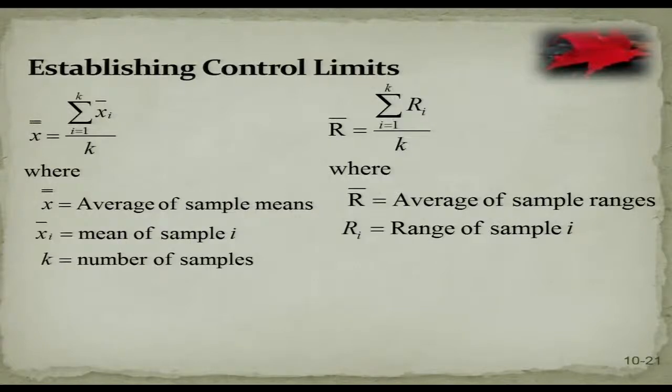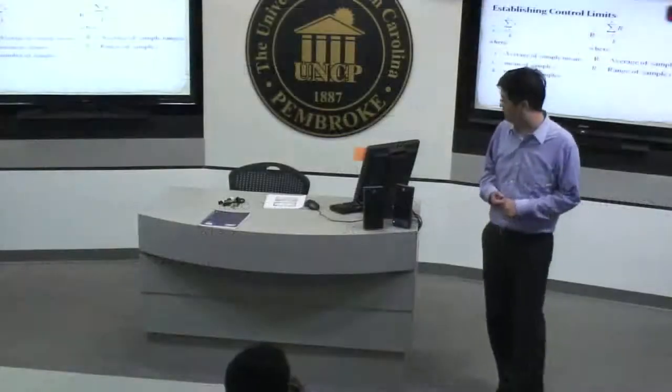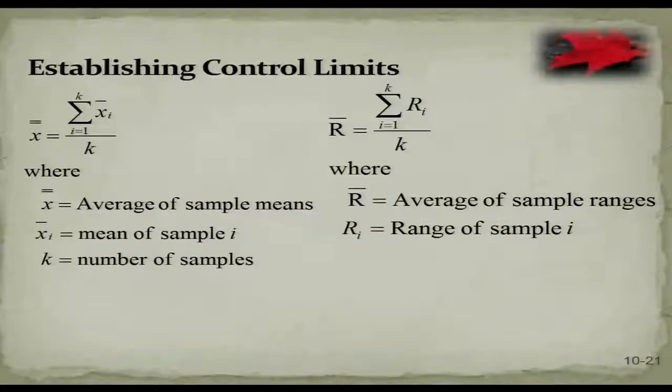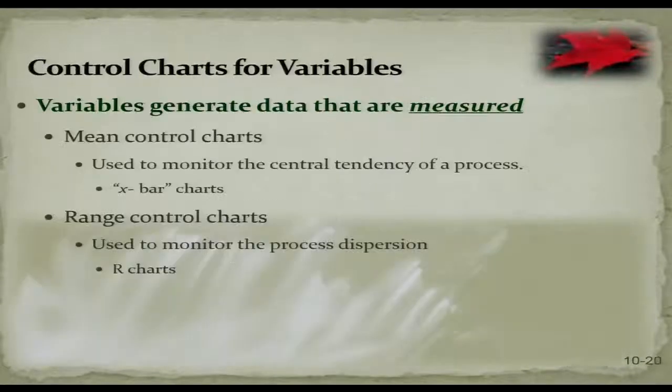And what's the other one? The range control chart. So it's the mean control chart and the range control chart. They are useful for us to control the quality.